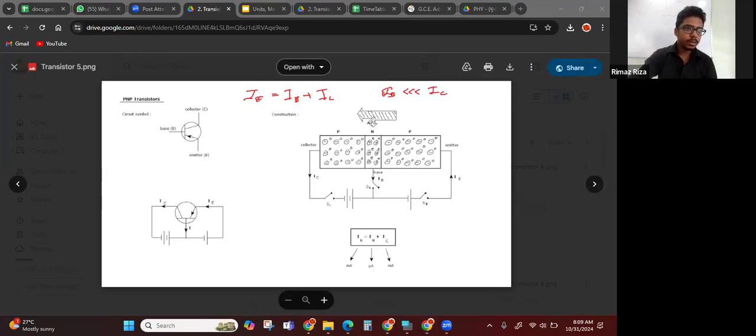So you can see here a small current, here a large current, and the total current is IE. So IE equals IC plus IB. You can write down all of these under the transistor.